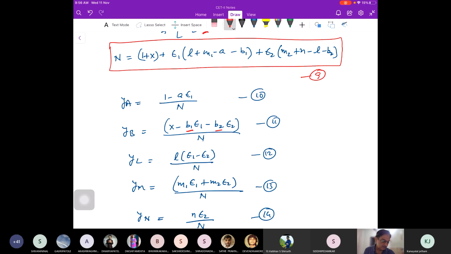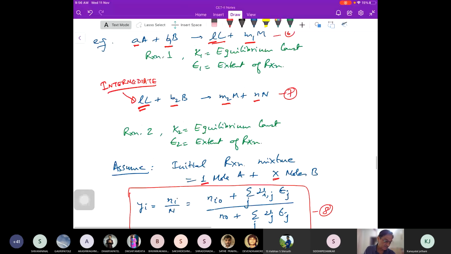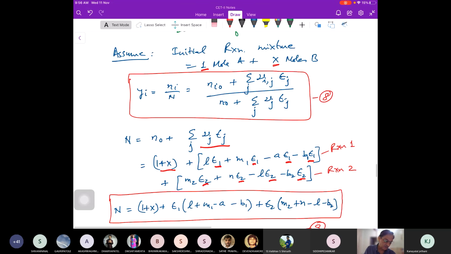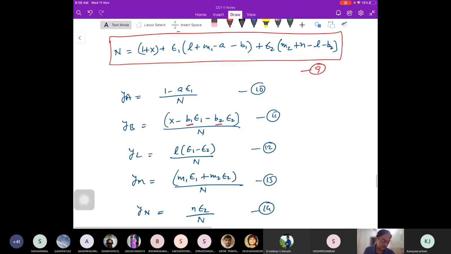Y of L is the intermediate. It is formed in the first reaction and consumed in the second reaction, so both terms come: L into epsilon 1, formation in the first reaction, minus epsilon 2, consumption in the second, upon n.